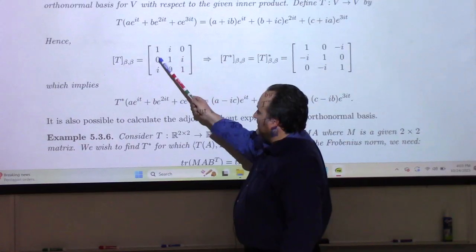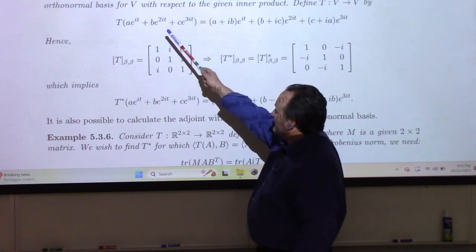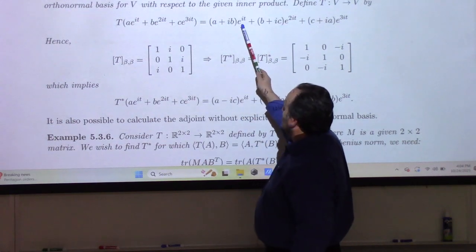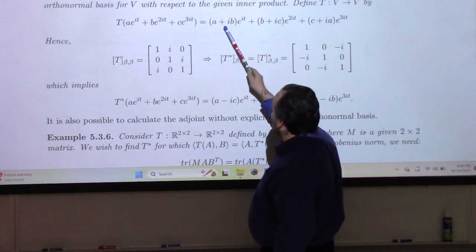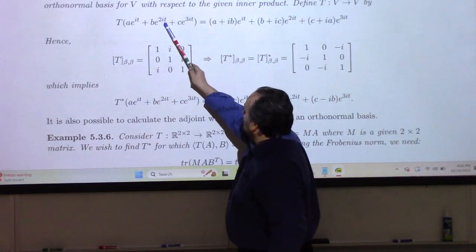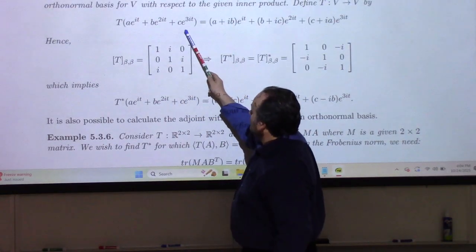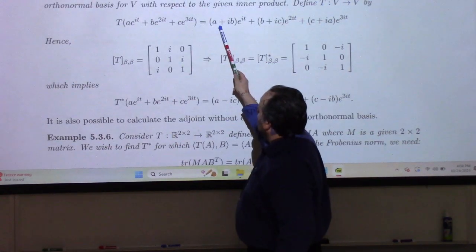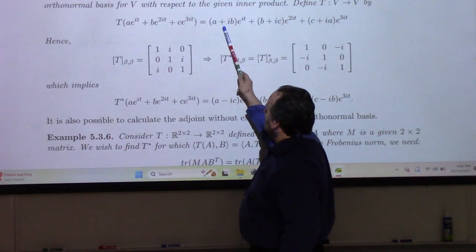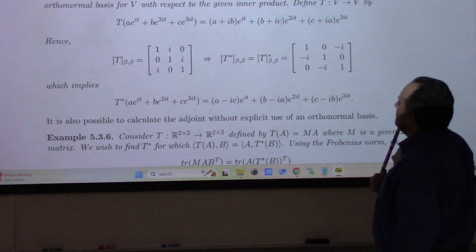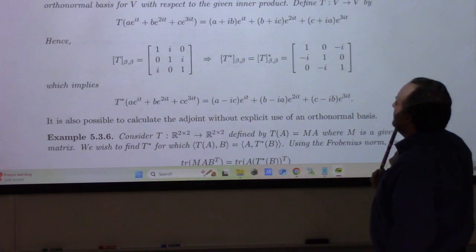Like, for instance, this 1 and i, where's that coming from? First thing in the basis is e to the it, right? The output here, this is the e to the it output, right? And a and ib, where's that coming from? The first one and, oh, I'm an idiot.